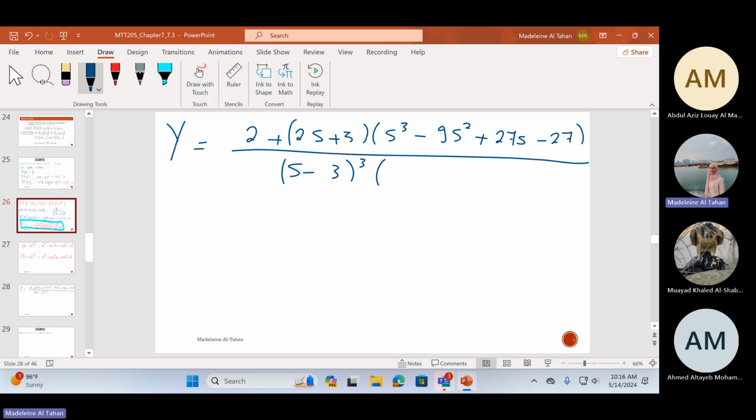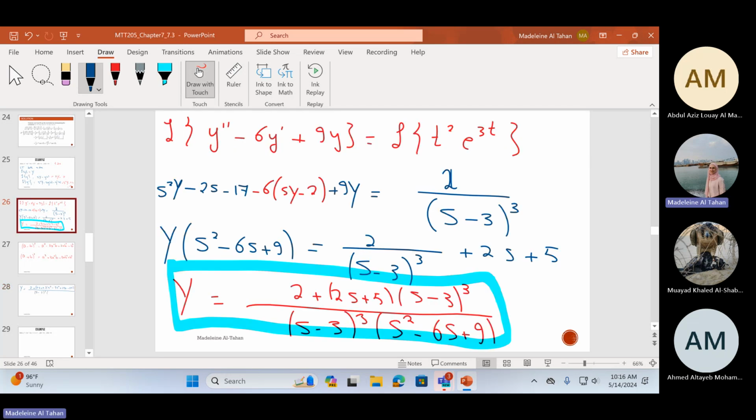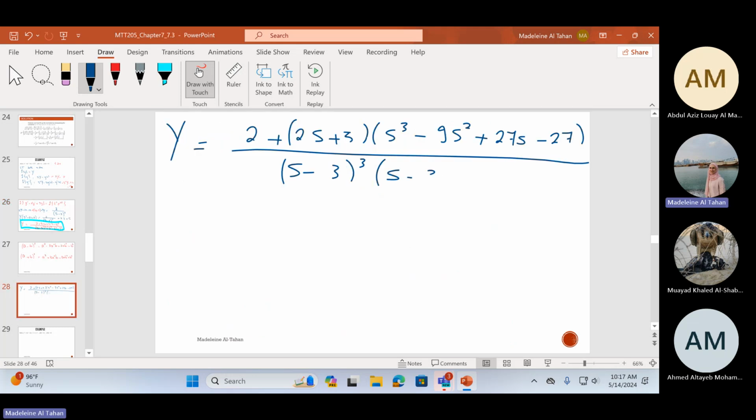Can we write this one s squared minus 6s plus 9? Isn't it (s minus 3) squared? So what did we get Y as?